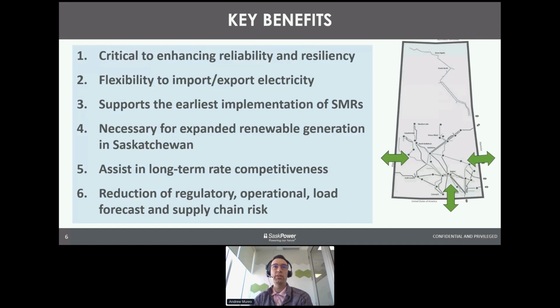It also supports the earliest implementation of SMRs. So adding interties can help us bridge the gap between needing to add new fossil fuel generation versus getting to the point where SMRs are going to be available. And SMRs are probably likely to be available in the early to mid 2030s.